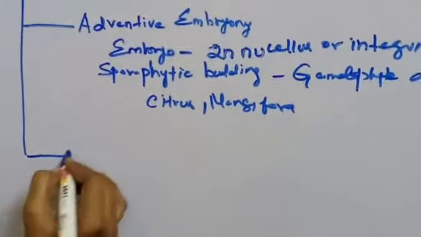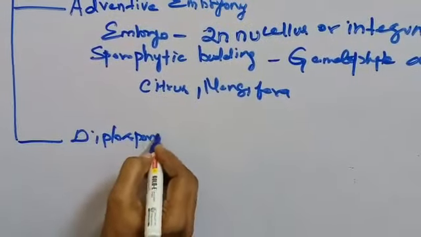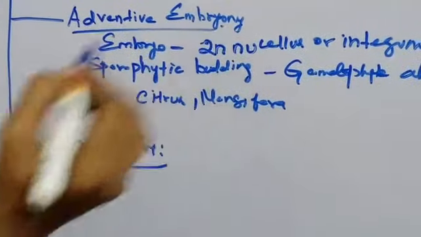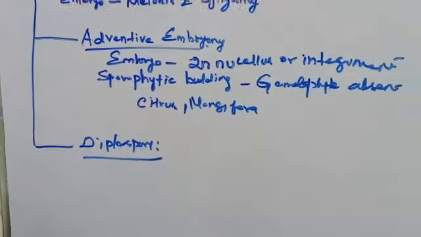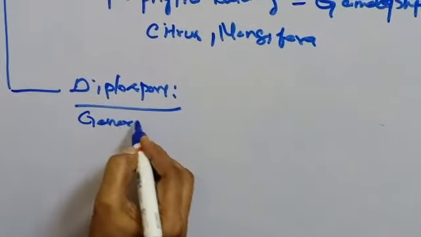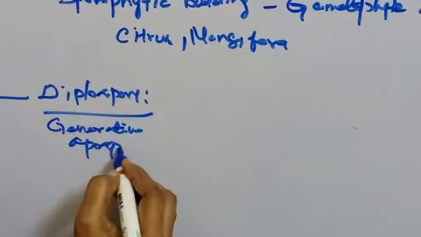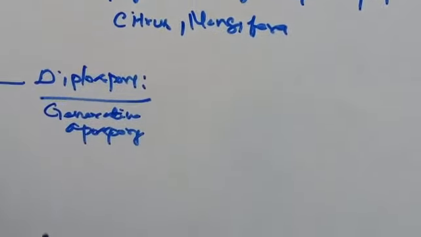The second type is diplospory. Now what is diplospory? It is otherwise called generative apospory.